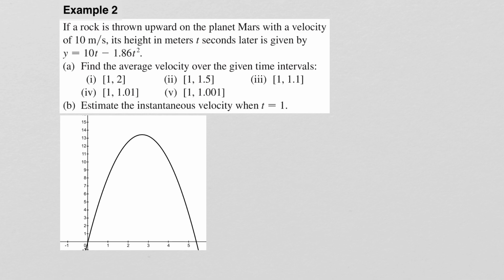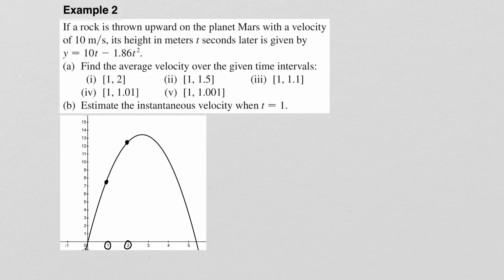What I'd like to do now is find the average velocity over the given time intervals. So I want to find the average velocity from t equals 1 to t equals 2. So t equals 1 is right here. And on your graph, that is this point right about here. And t equals 2 is right here. And on your graph, that is right about here.